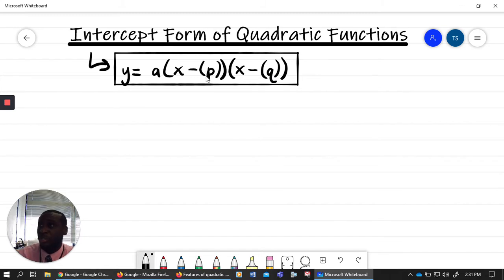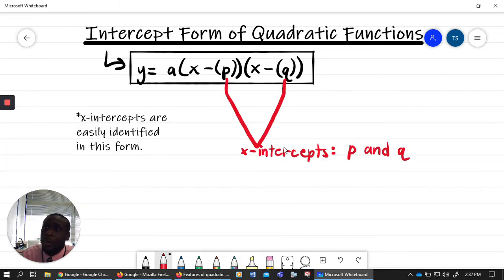This form easily reveals your x-intercepts, which are p and q. We'll talk about what the a does in a little bit.